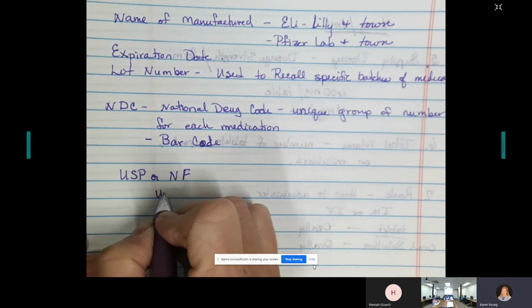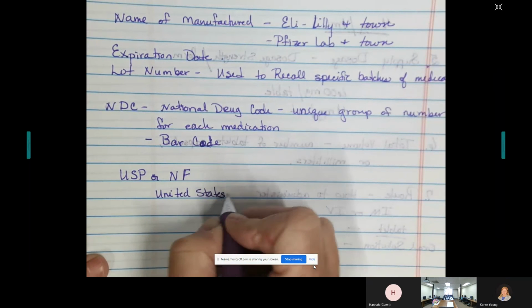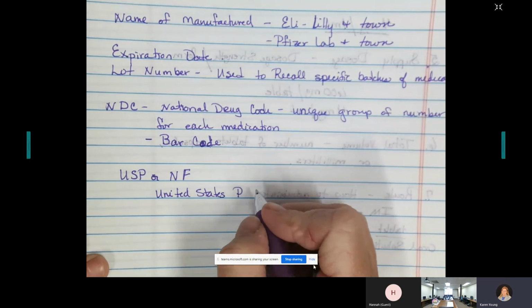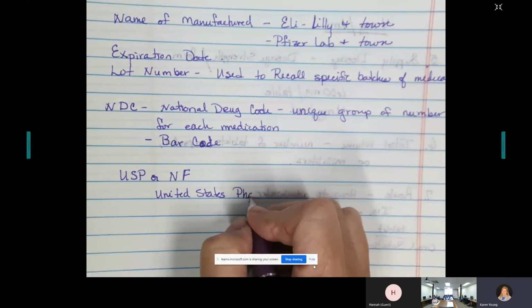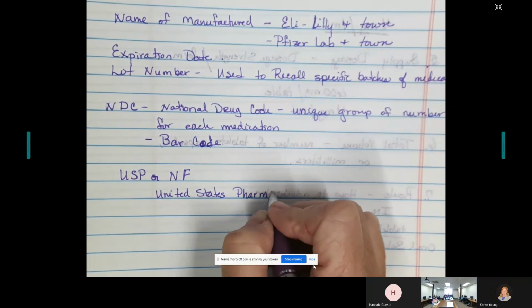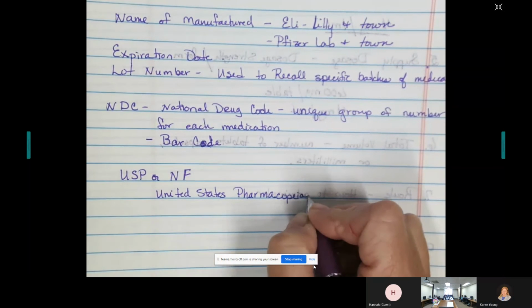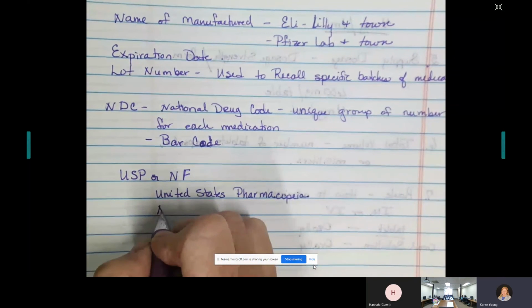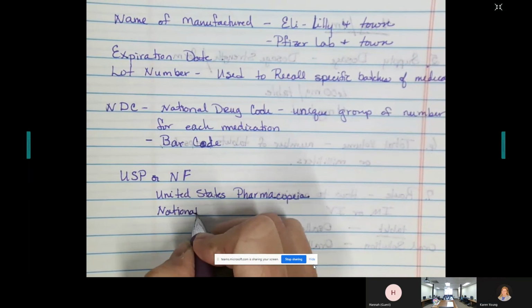The USP is United States Pharmacopoeia, and the NF stands for the National Formulary.